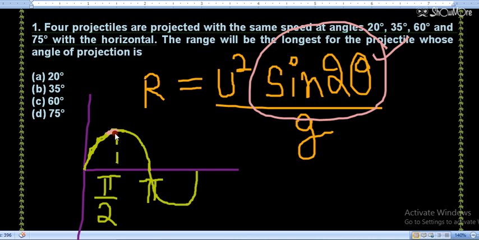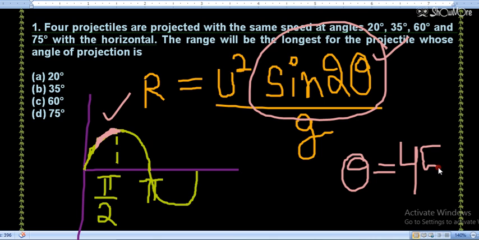You have also studied in the class that when theta is equal to 45 degree, the range becomes u square sine 90 divided by g, and sine 90 has the maximum value. So in simple words, the range will be maximum for 45 degree.